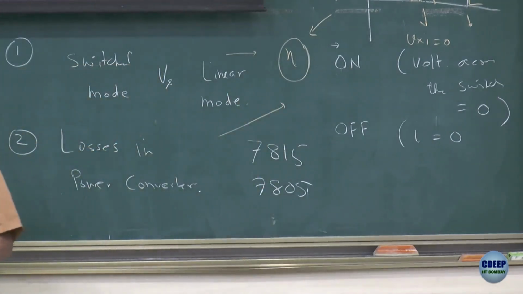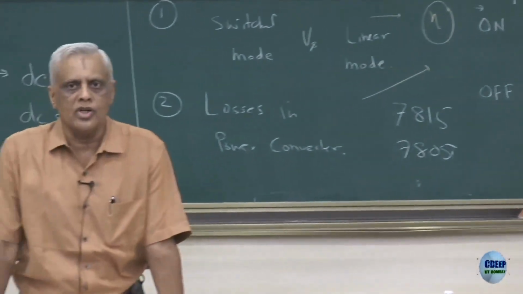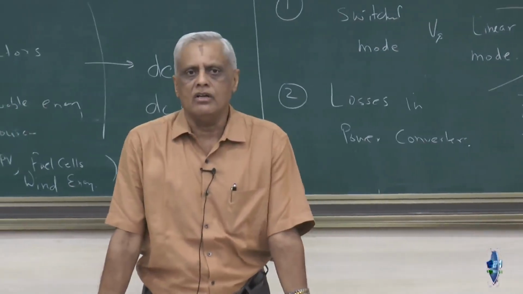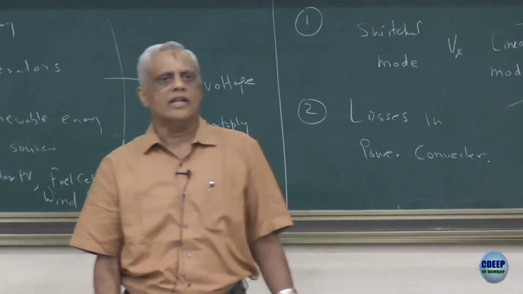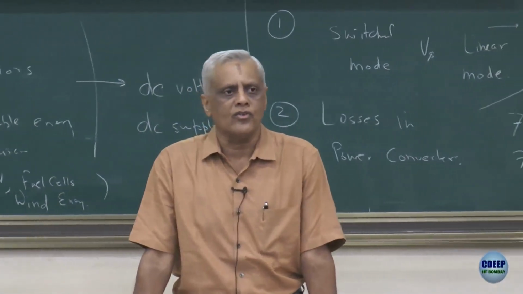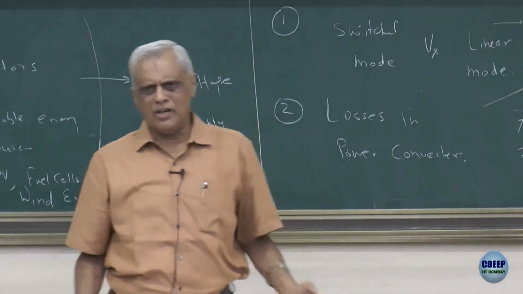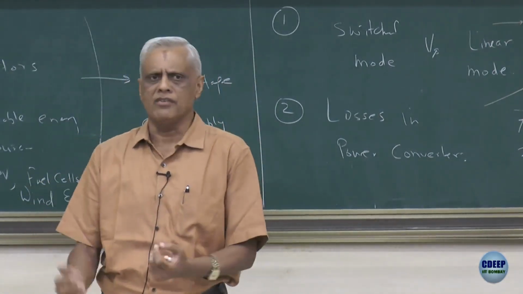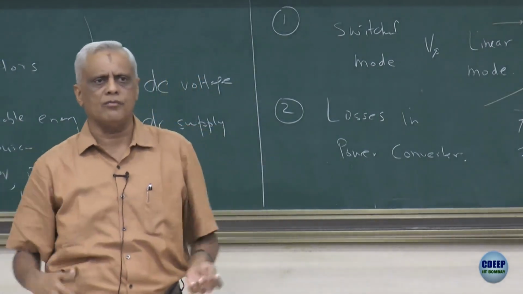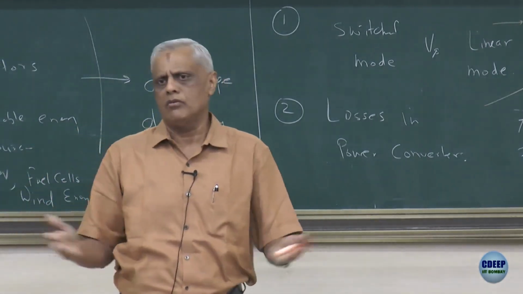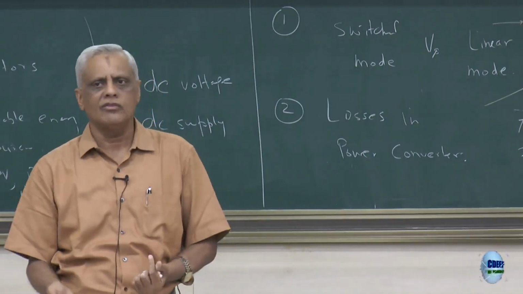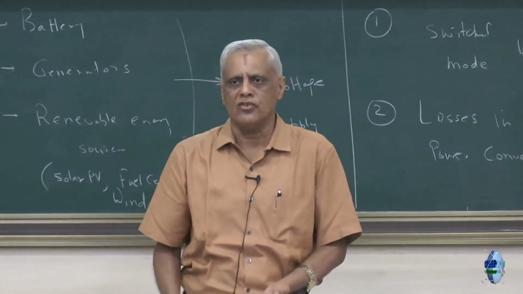Now when you were doing low power electronics in your class 12, or maybe the first or second year of your bachelor's, you never bothered about these losses, because you were dealing with devices which were all small signal devices. The variations of signals across them were not very high. That was all a very small range, 5 volts, a few milliamperes and so on.